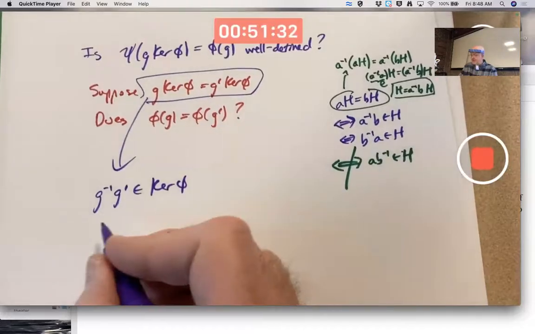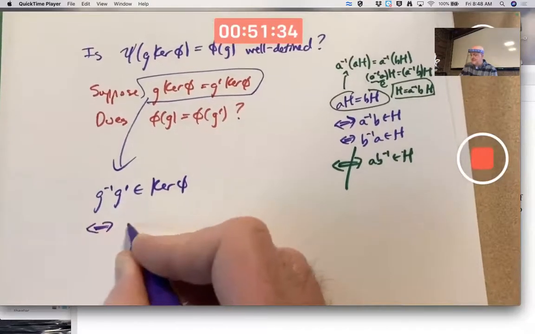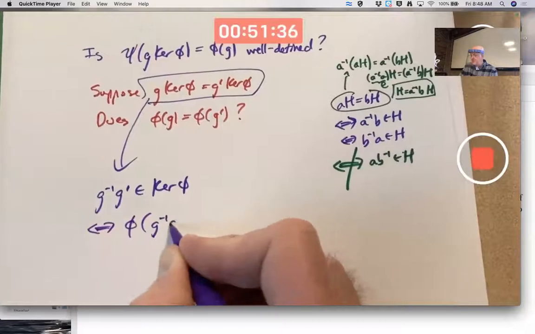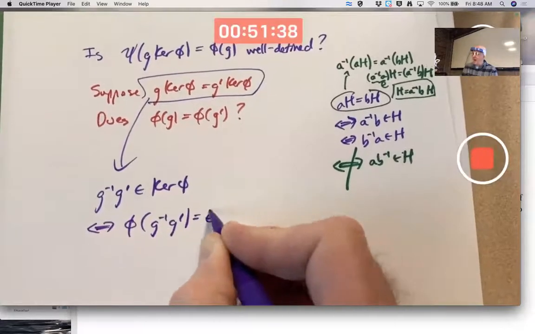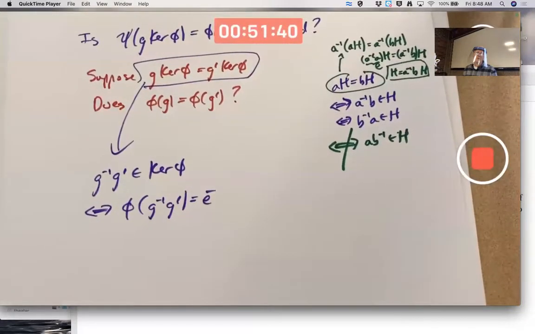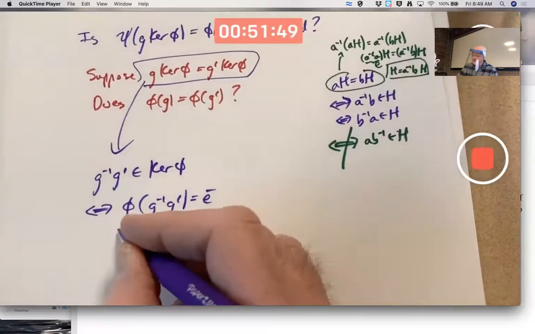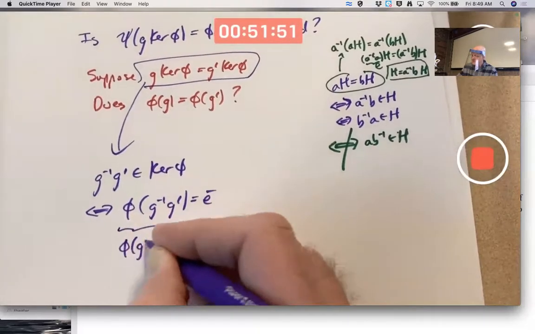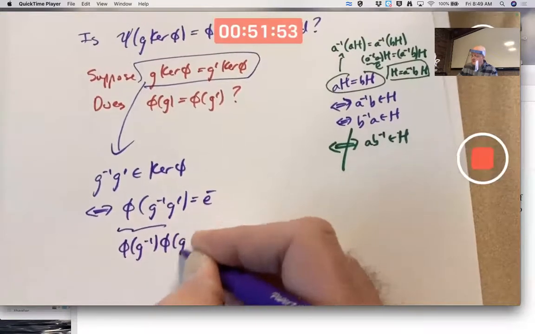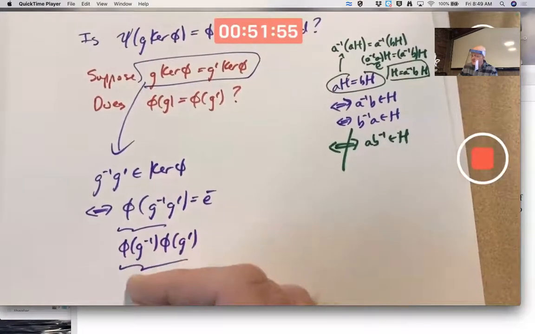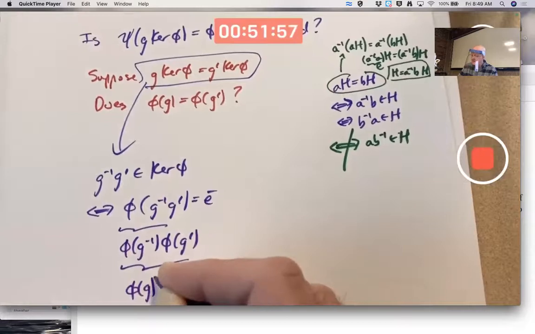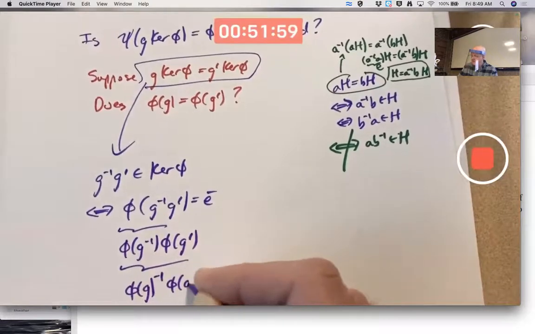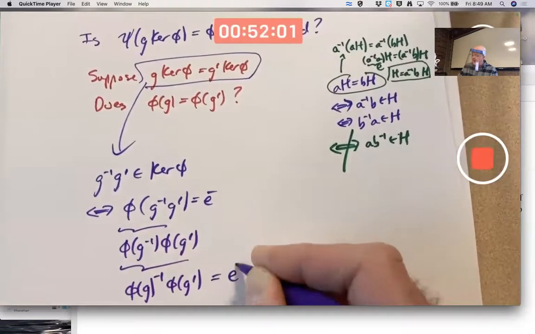Well, what does it mean to be in the kernel? That implies phi of g inverse g prime equals e bar. e bar is the identity in G bar. But hey, phi is a homomorphism. It's operation preserving. This is the same as phi of g inverse, phi of g prime, and then you can also bring the inverse out like this, phi of g inverse, phi of g prime equals e bar.